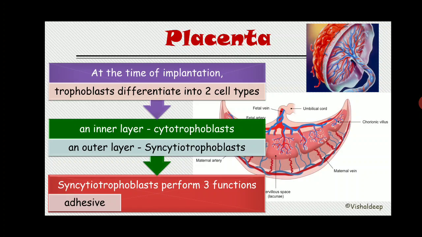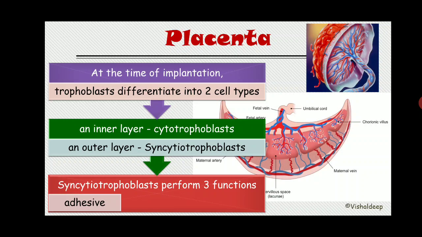Decidua is nothing but endometrium after fertilization and implantation. Now, this decidua has lipid-rich cells, right? So that decidua will provide the cholesterol to the placenta in order to synthesize steroid hormone.